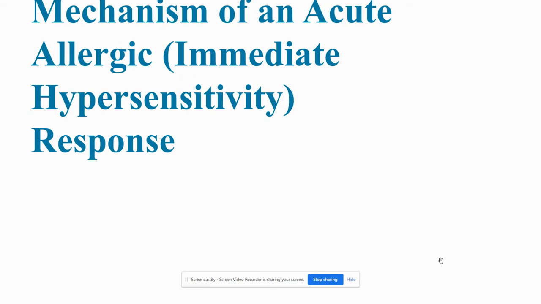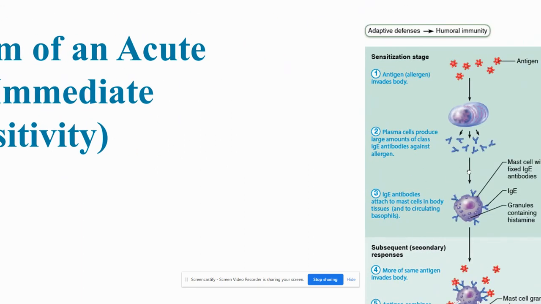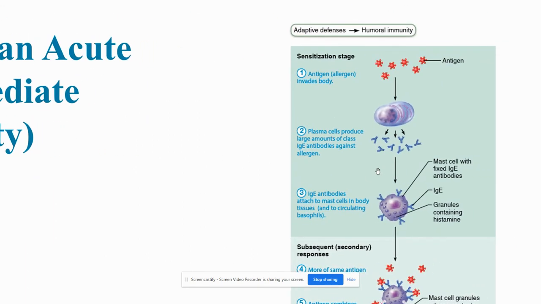So let's look at this. We have the initial response to the allergen. The allergen here is going to cause these plasma cells to release IgE against that particular allergen. The IgE binds to mast cells and basophils, and these guys are going to be circulating around.